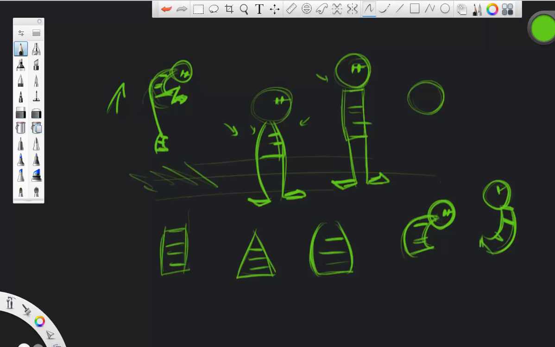Something like this. That's not that great. Maybe something like this. So it is exactly like that. Or even if not like this, just illustrating and showing a point, it can be something like this, right?